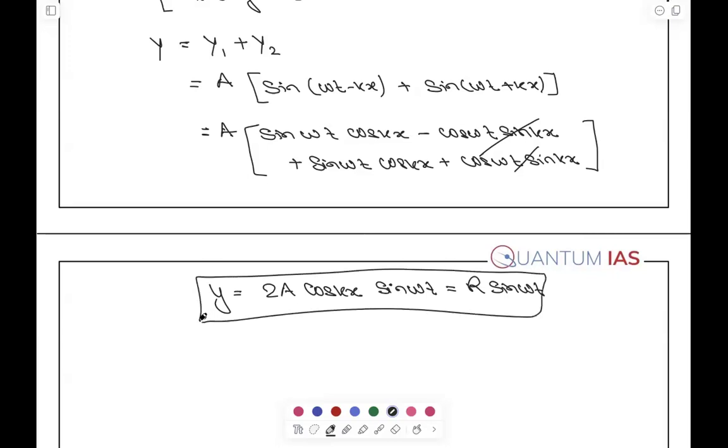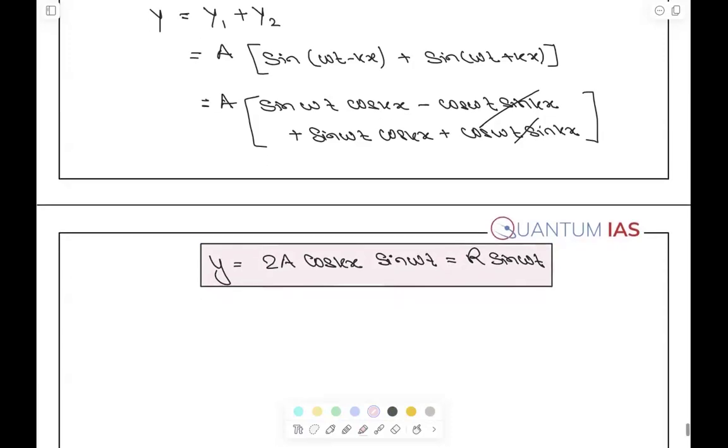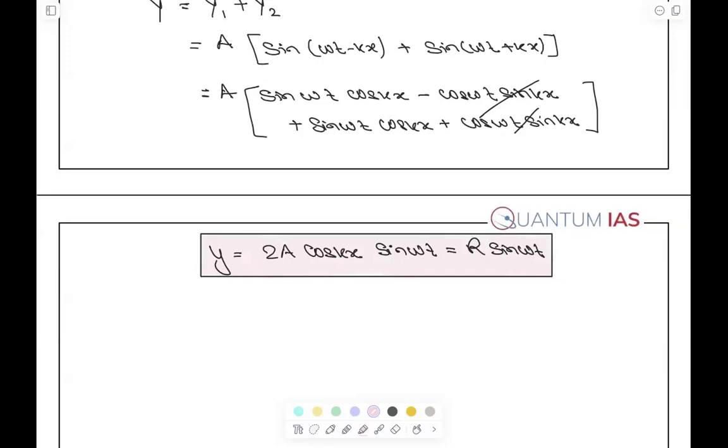Now tell me what is the frequency of oscillation here? Has the frequency of oscillation changed or not?